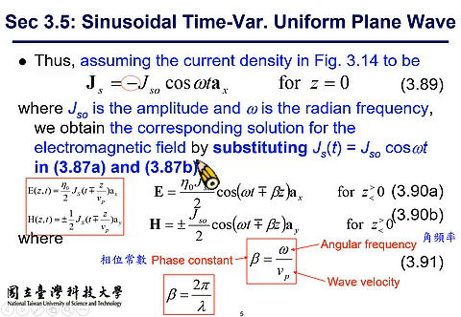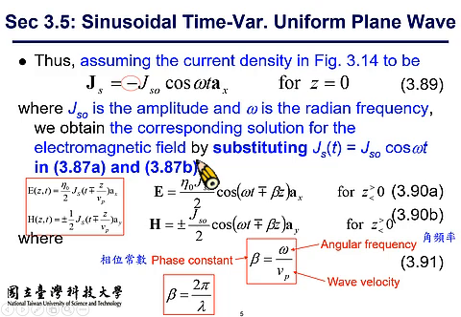As you can see, equations 3.90a and b are specified for every place and any time instant. The E and H fields are specified, corresponding to eta sub 0 Js 0 over 2. Why is there a 2 over here?